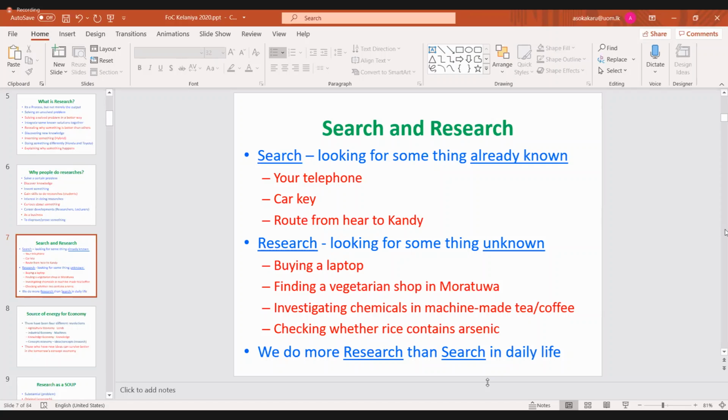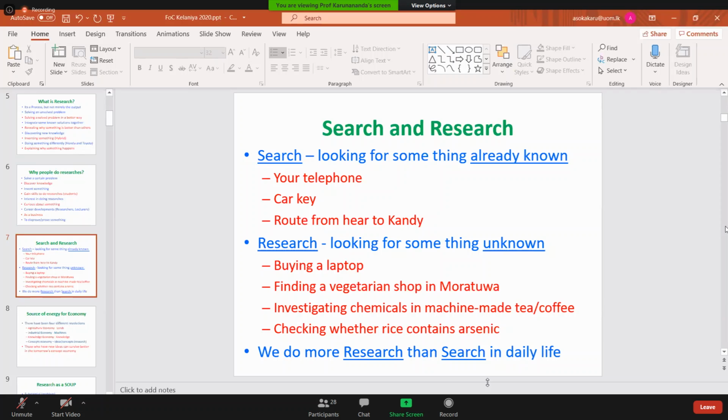Suppose finding a vegetarian shop in the Moratuwa area. If you know the area, probably what you are doing is searching. If you don't know that, forget about Moratuwa. Suppose you go abroad to an unknown country, an unknown area. Now you want to find a market or whatever for a particular purpose. Now you are doing research actually.